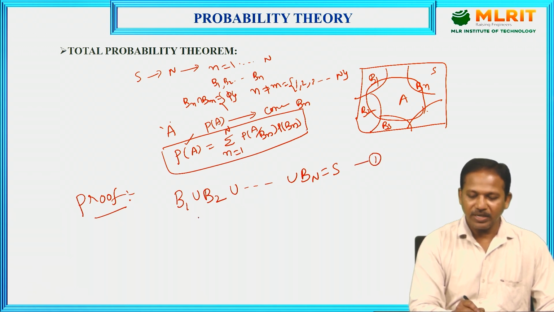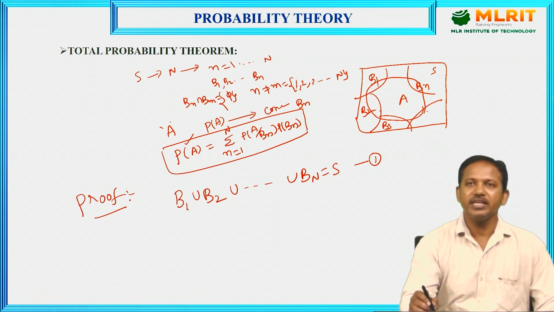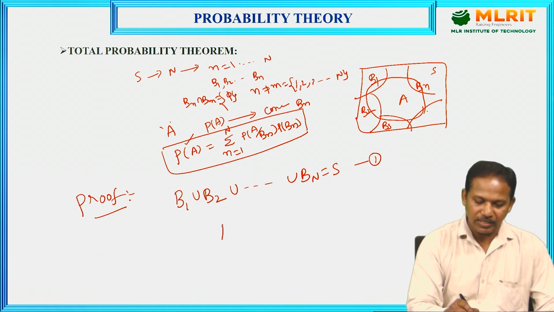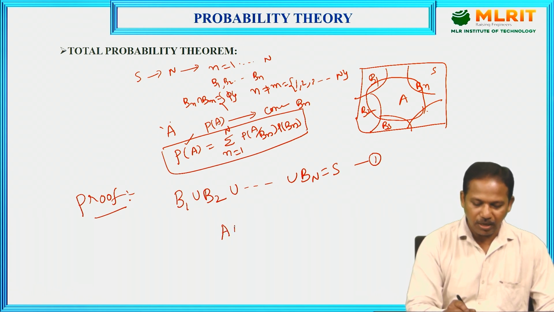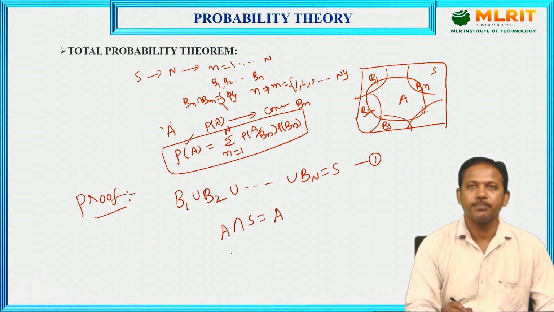Second, now I want to define event A on this sample space. So event A is defined on this sample space means I want to find the common part between A and S. The common part between A and S is simply A only.